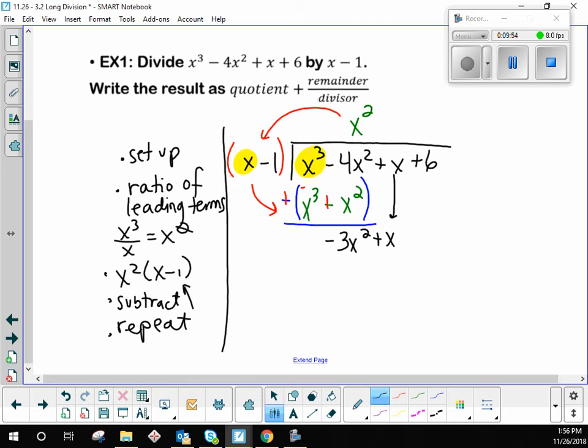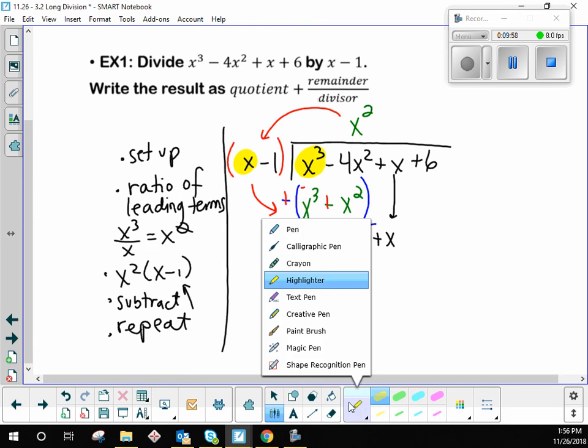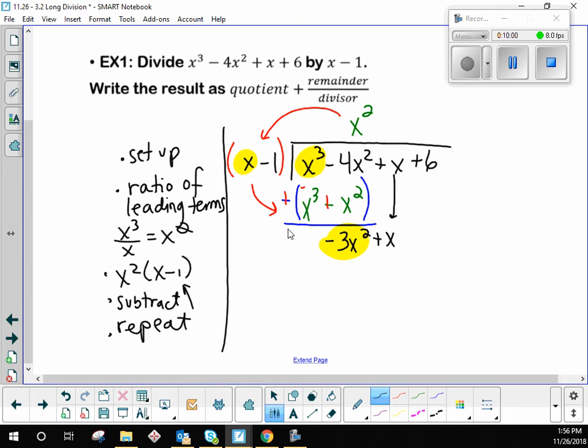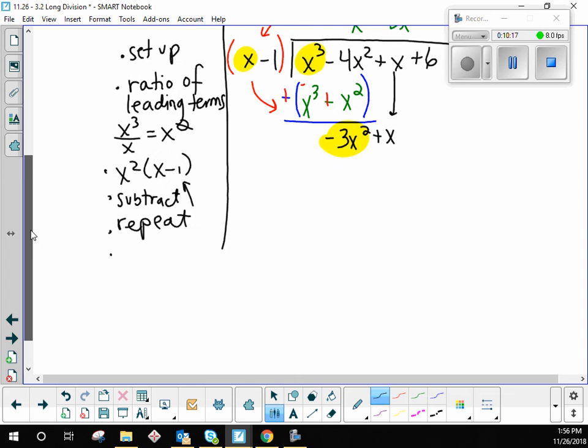Now we're looking at this first term. x times what gives me negative 3x squared? Negative 3x, right? So negative 3x. If you want to think about it like your textbook teaches, like a ratio, you would take that negative 3x squared and divide it by that x.